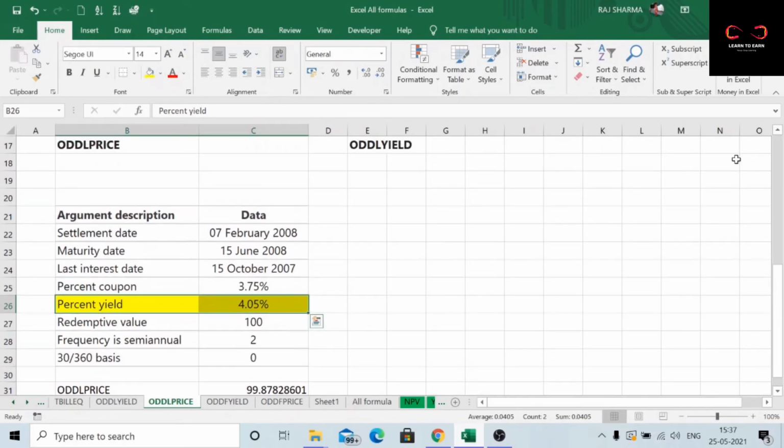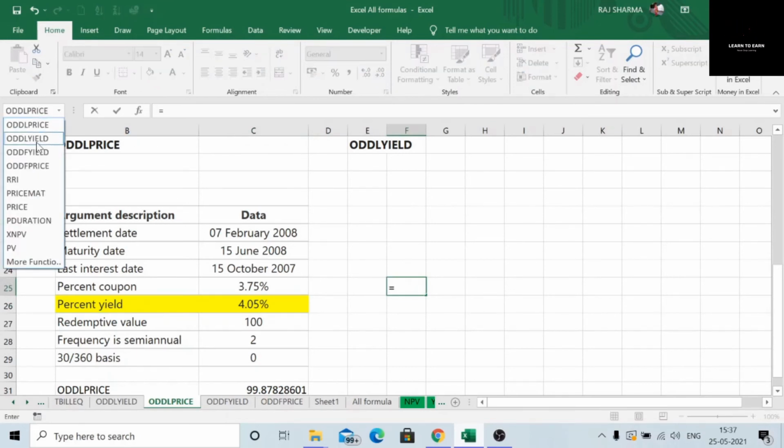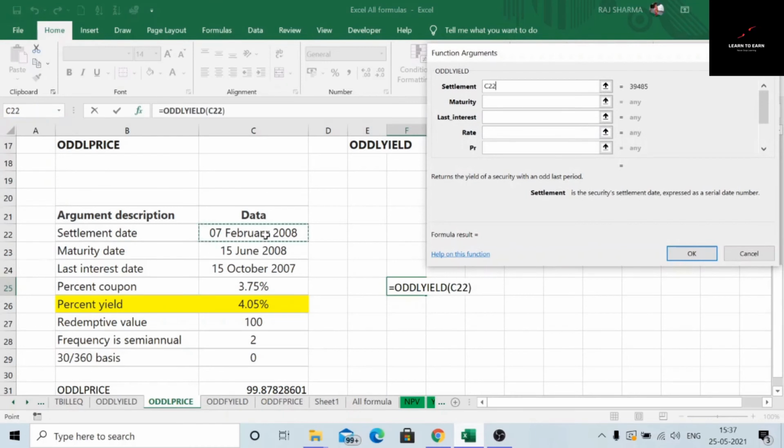Now using this same data, let us check whether the yield we get from our ODD yield formula is going to be the same or not. So yield, let us again go to the function ODDLYIELD, settlement date, maturity date, put the last interest date, rate, coupon rate, then here is the price.